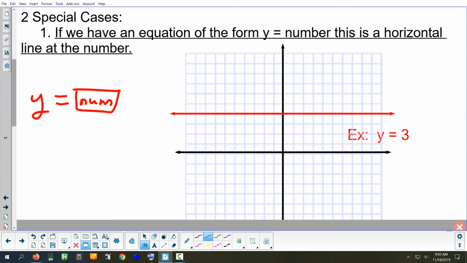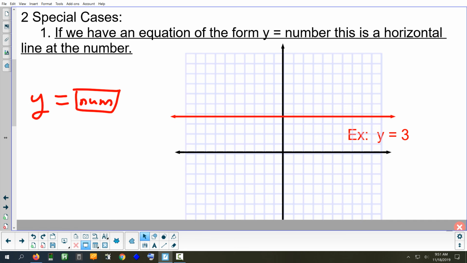That's what it looks like. So in this case, y equals, what number is in the box? In our example I wrote down 3. So what that means is, I think my line is 1 off though. Should be right there. Y equals 3 means you put a horizontal line 1, 2, 3 units up.